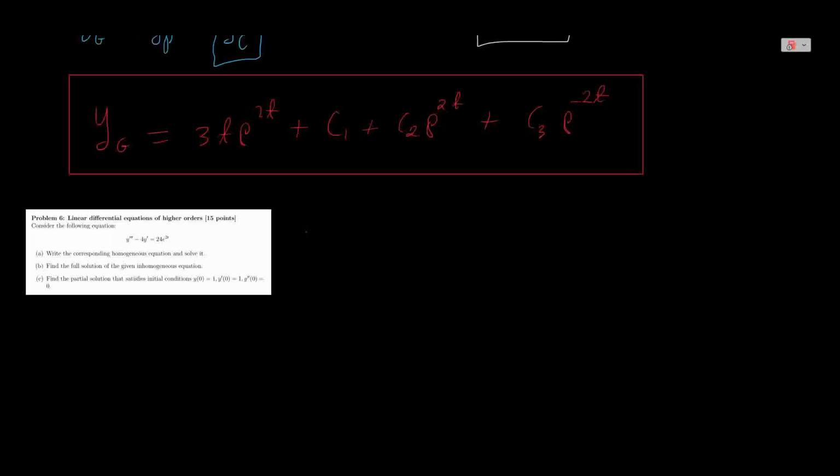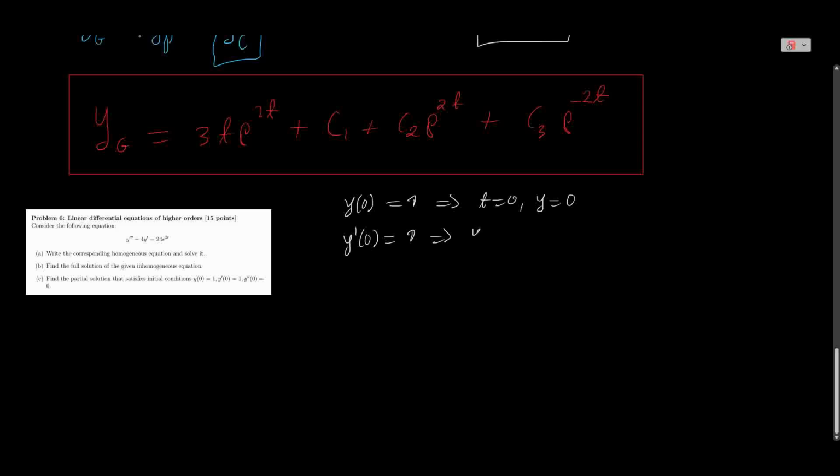Our question C says to find the particular solution that satisfies the initial conditions. The initial conditions given to us are y of 0 equal to 1. Remember that this implies t is 0 and y is 1. Our second condition is y prime of 0 equal to 1, which implies t is 0 and our first derivative is 1.